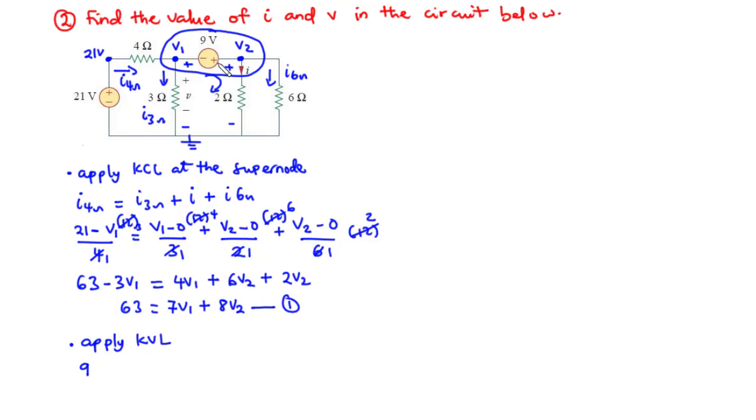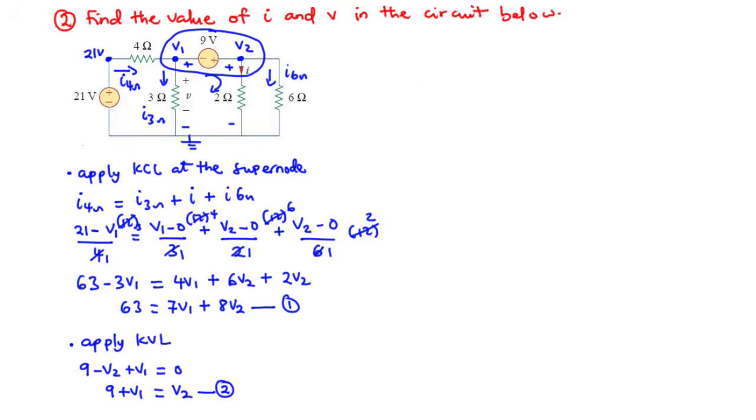V2 is opposing the direction we took, that is the clockwise direction, so this becomes negative V2. And then we are still in the clockwise direction. This is in line with the direction, so this becomes positive V1. So plus V1 equals 0. Now let's make V2 the subject. So we have 9 plus V1 equals V2. We call this equation 2.